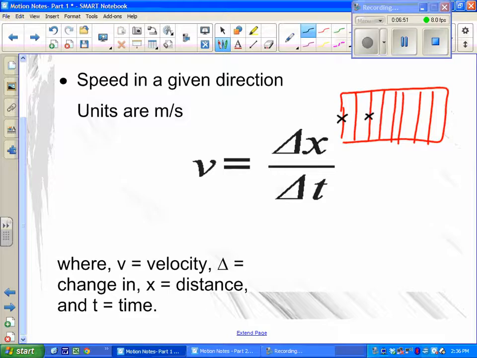But it gets a little trickier if you are not starting at zero. If you're starting here at the 20 and you go out to the 40, well, what are you going to put in here for X? You put 20? You put 40? You're not starting on either one.